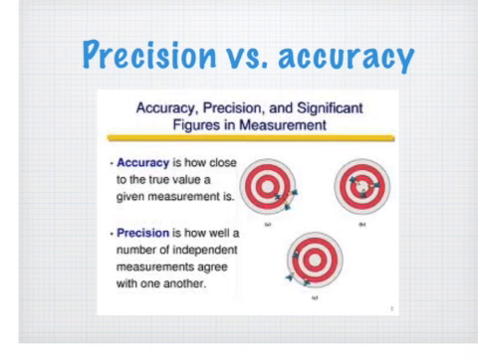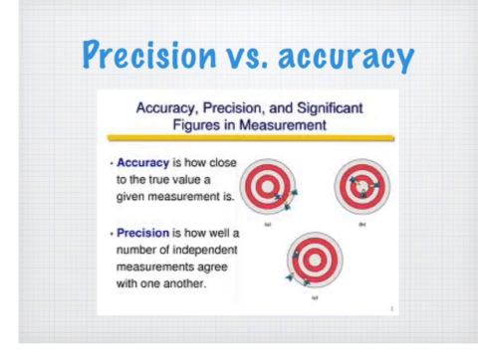So those would be accurate measurements or accurate throws. A precise set of measurements are those that are in close agreement. So here we can see this dart thrower is very precise. Now they're not accurate because they're not landing on the bullseye. In this case, we can see that these measurements or arrow throws are not accurate or precise.